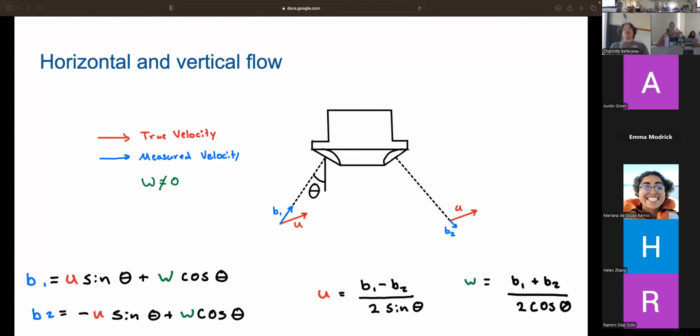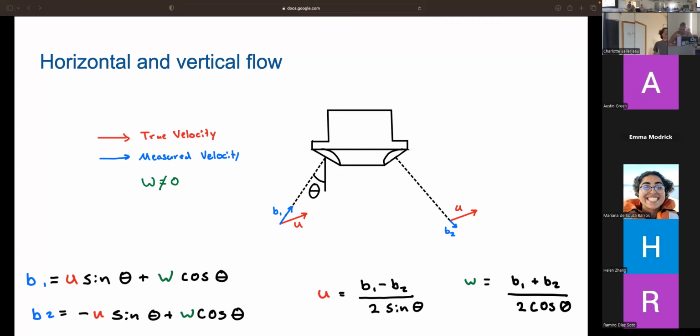It directly measures the vertical velocity and also helps to reduce the uncertainty of these measurements. So again, with the horizontal and vertical flow, you have the same expression, you just have to take into account W. This also works for the V components as well. I'm just doing one side, but it's the exact same expression, just with those 2 other beams instead.